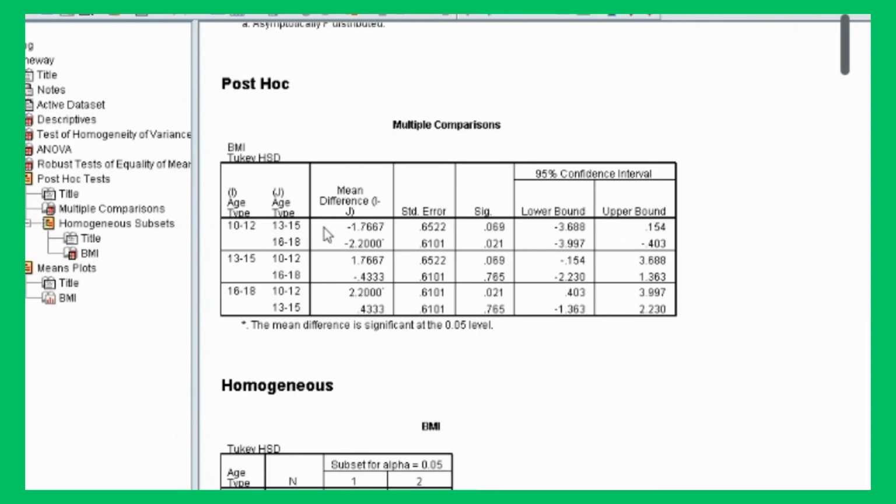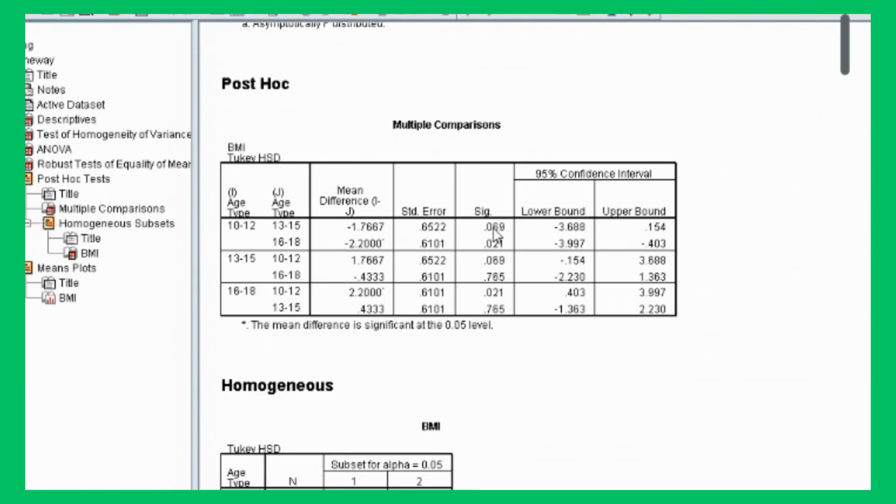The first one, 10 to 12, is compared with 13 to 15. You look at the p-value. The p-value is 0.069.